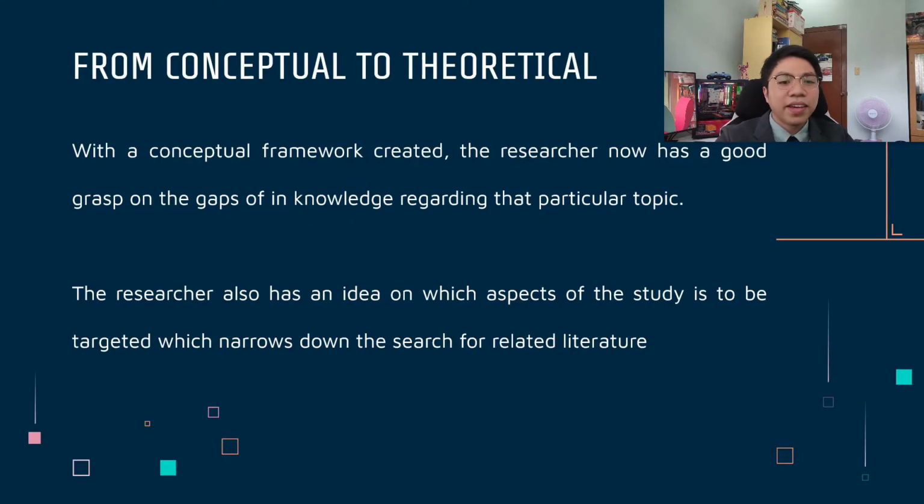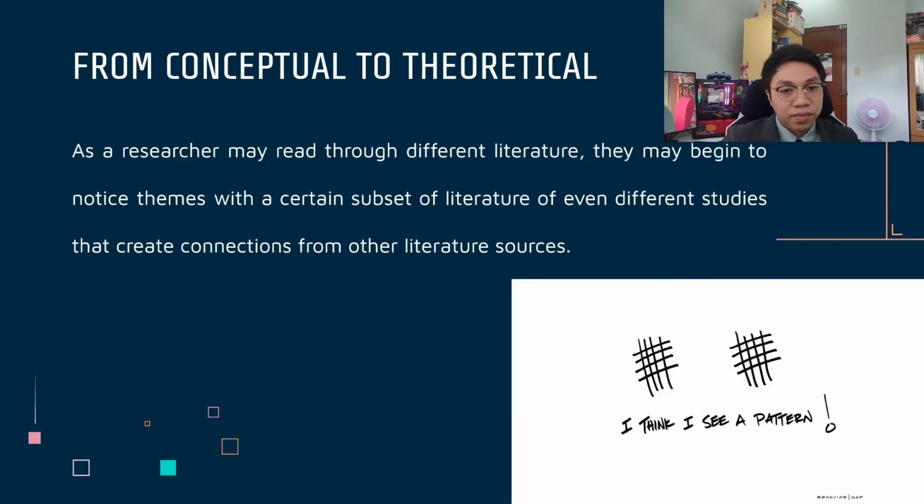So now with a conceptual framework created, the researcher has a good grasp of the gaps in knowledge regarding that particular topic. The researcher also has an idea of which aspects of the study to be targeted, which definitely narrows down the search for the related literature.